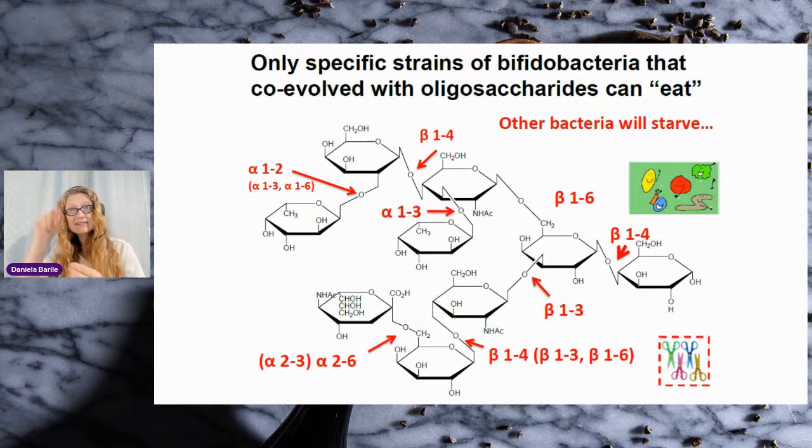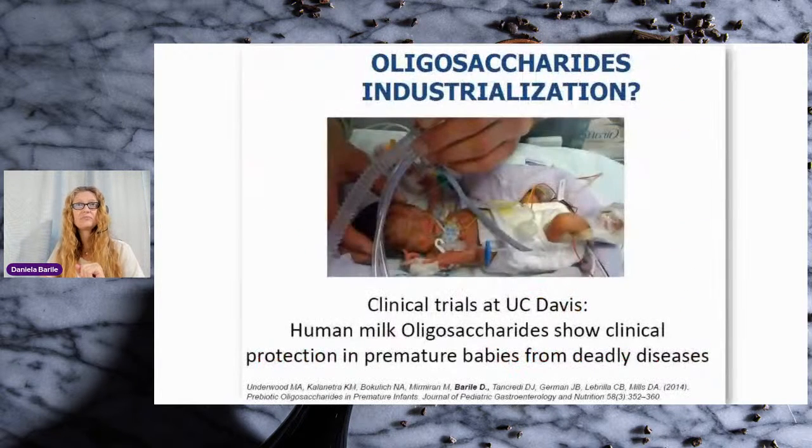They possess the scissors to cleave the monosaccharides and use them for their own energy, and then can multiply and colonize the gut. So pathogens will actually starve because they're not able to access this carbon source, which is the only carbon source in milk. So it's a really precise and well-designed strategy.